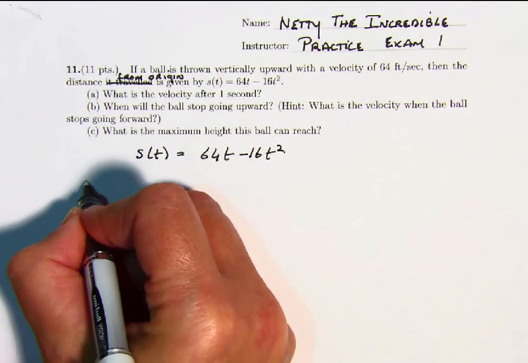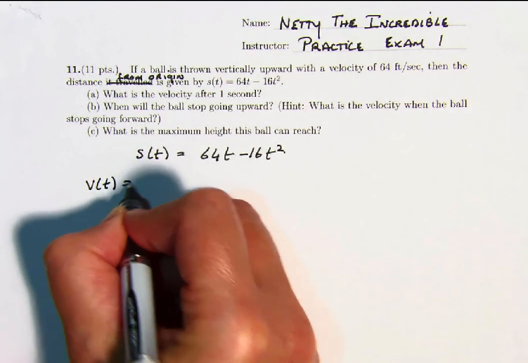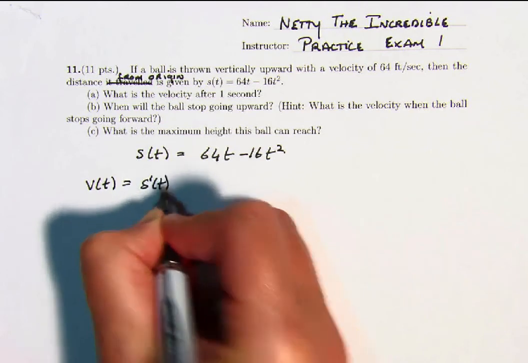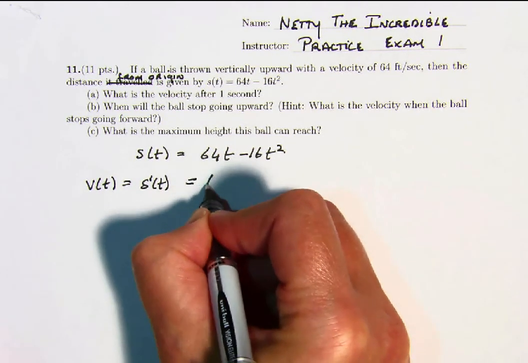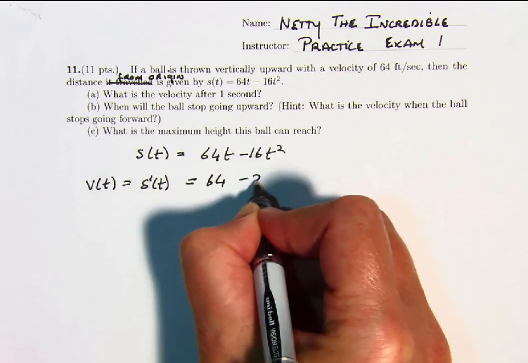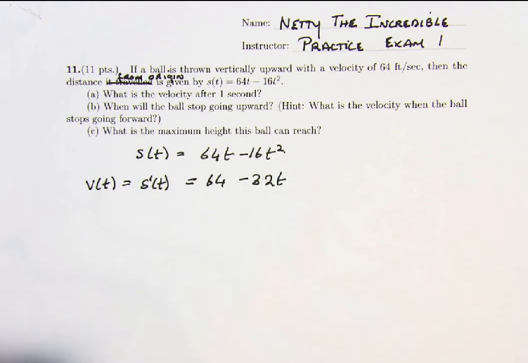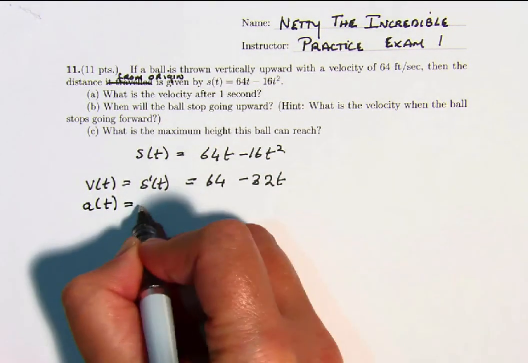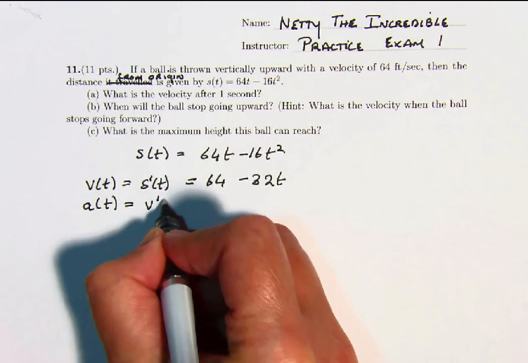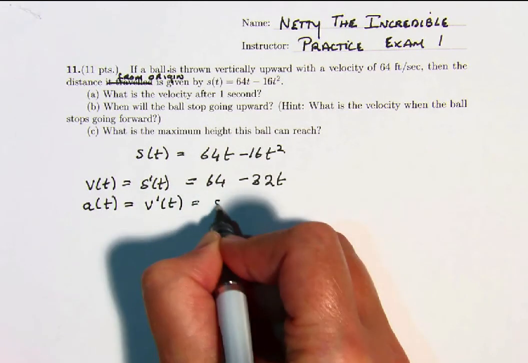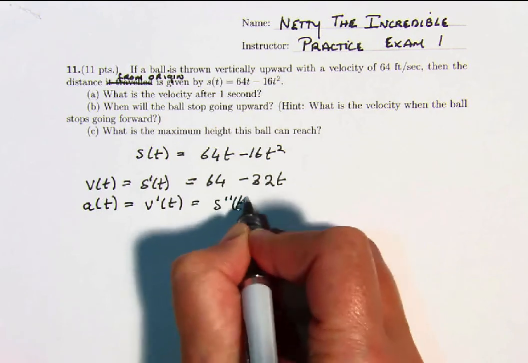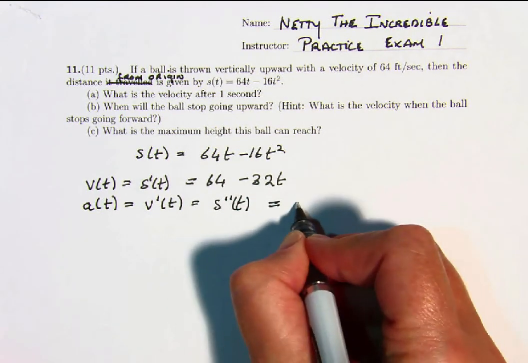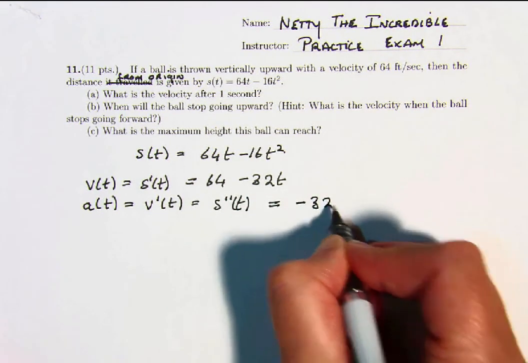and remember the velocity is the first derivative of this, and that of course is 64 minus 32t, and then the acceleration at time t is given by the derivative of the velocity, which of course is the second derivative of the position function, which is minus 32.